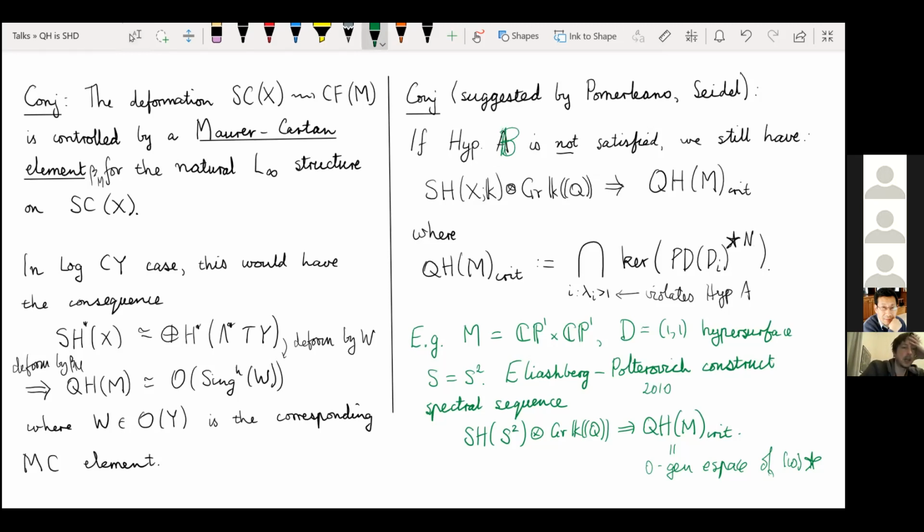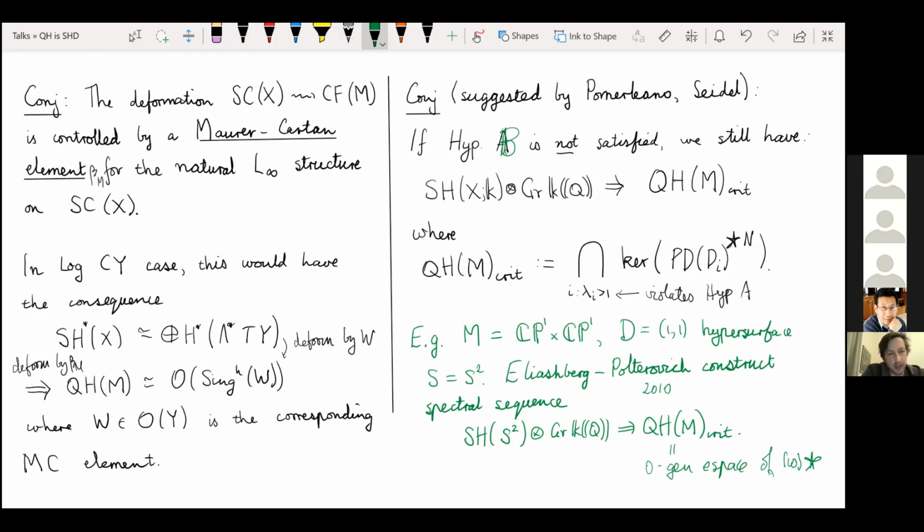So in the log Calabi-Yau case, this would have the consequence that once you know mirror symmetry for X, this affine variety, then you know that quantum cohomology of M is obtained by deforming by this beta M. So that implies that the quantum cohomology is isomorphic to the polyvector field cohomology of Y deformed by a Maurer-Cartan element.